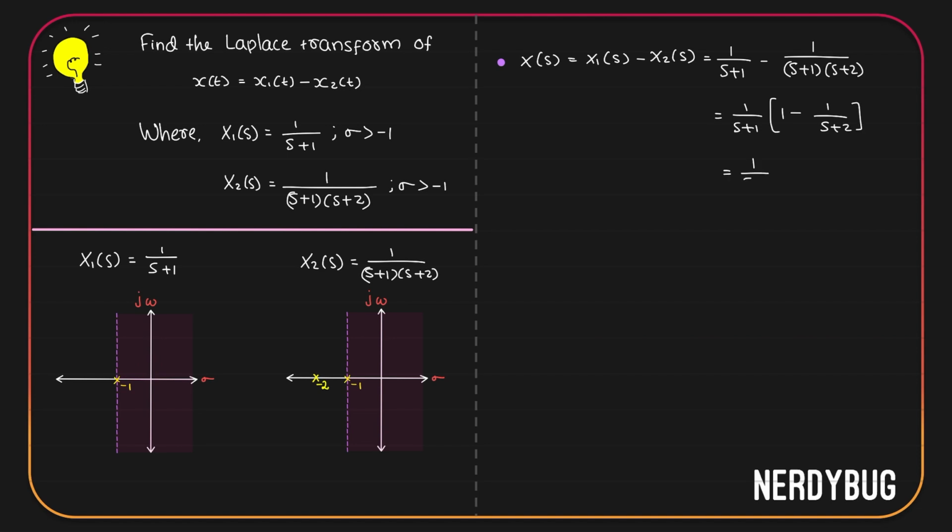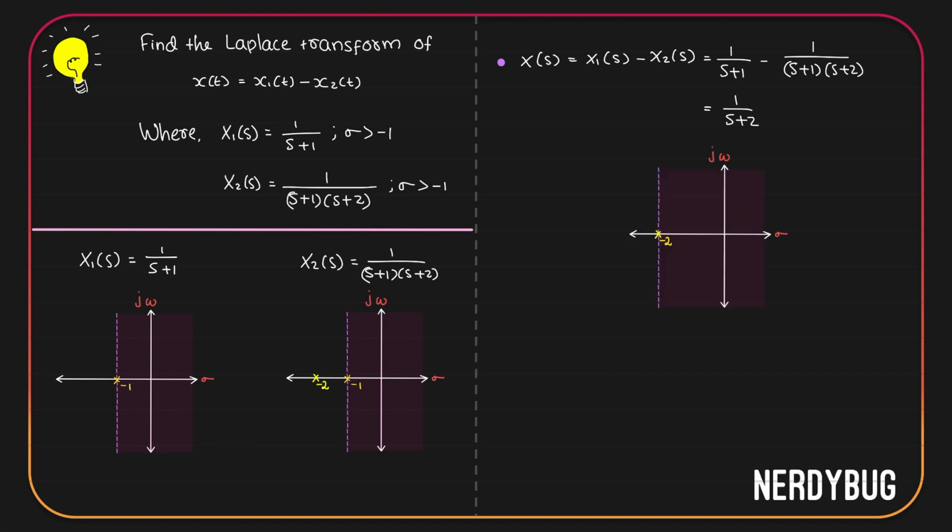That is 1 by s plus 1 multiplied by s plus 2 minus 1 divided by s plus 2. Now s plus 2 minus 1 is s plus 1. We can cancel s plus 1 and s plus 1. So this is simply going to be equal to 1 by s plus 2, which means it only has one pole and that is at minus 2. If we plot the ROC on an S-plane, it will look like this.